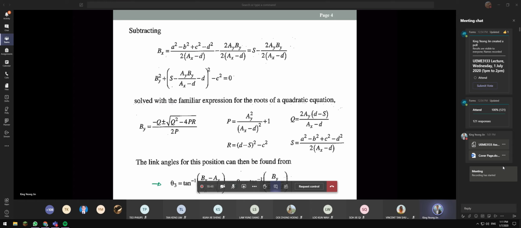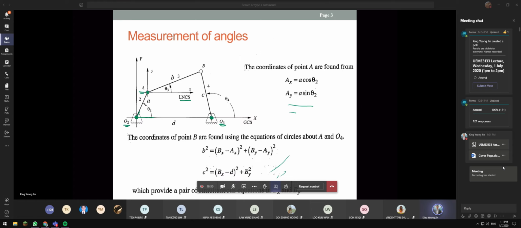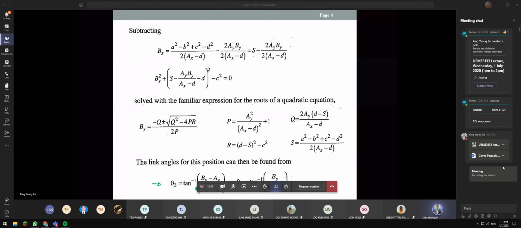So that's why you will find that your theta 2 is measured from this horizontal x line to there. This is theta 2. Theta 3 will be measured from here to there. So we have theta 3. And then theta 4 is from here to there. So we have our theta 4. Right? So these are the formulas we can use.